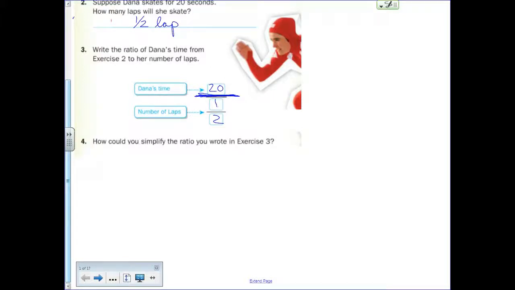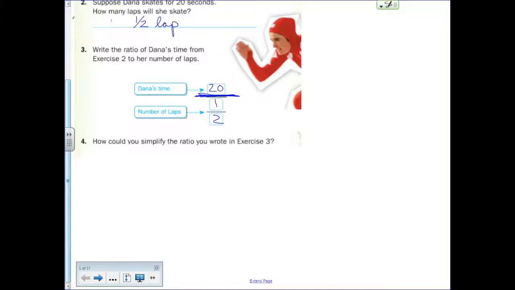This is, how could you simplify the ratio you wrote in exercise 3? Well, this is not a unit rate, right? So if I wanted to change it to a unit rate, I would take the top number and divide it by the bottom number, just like we were doing in lesson 1.